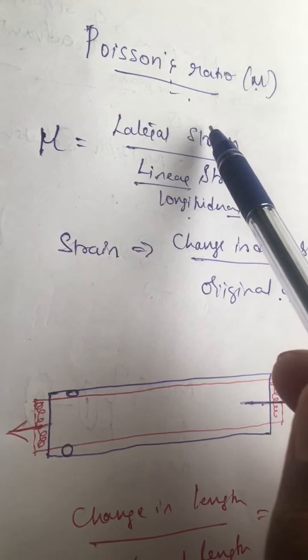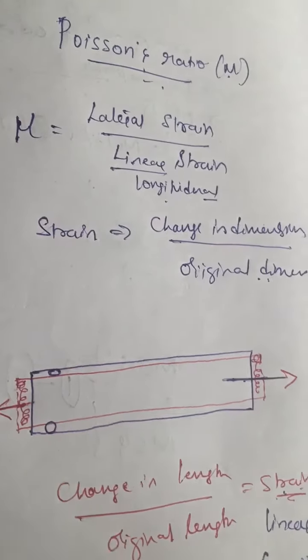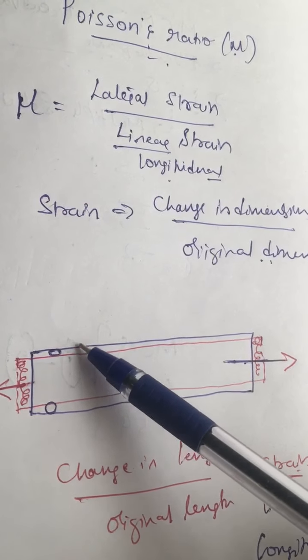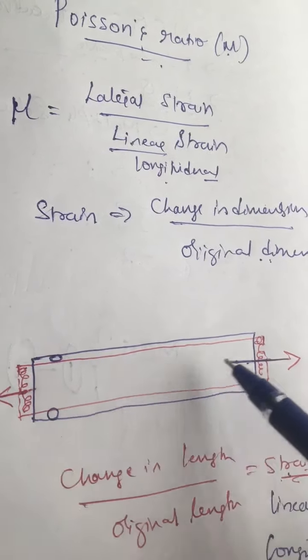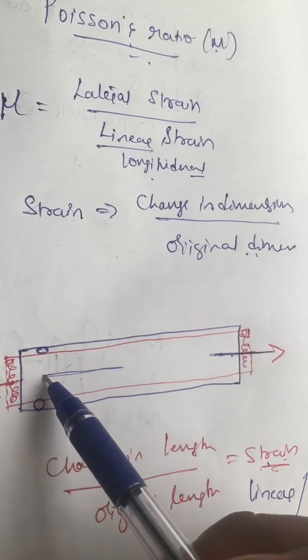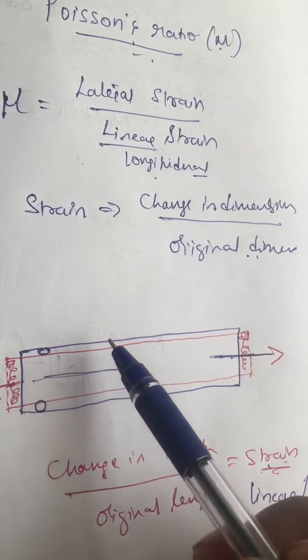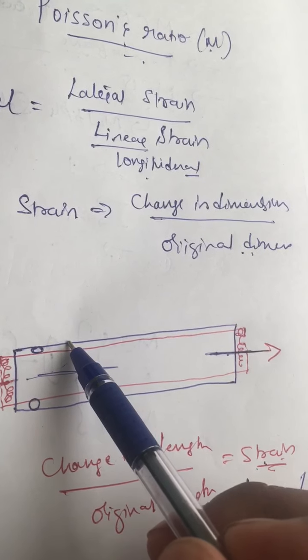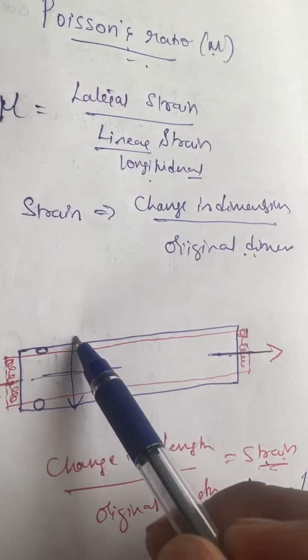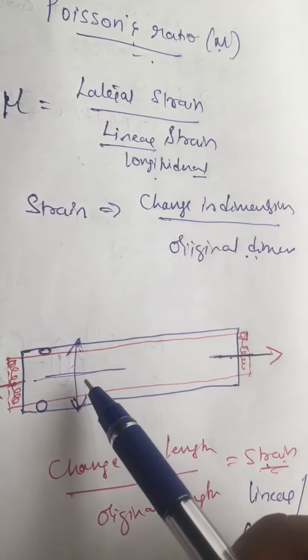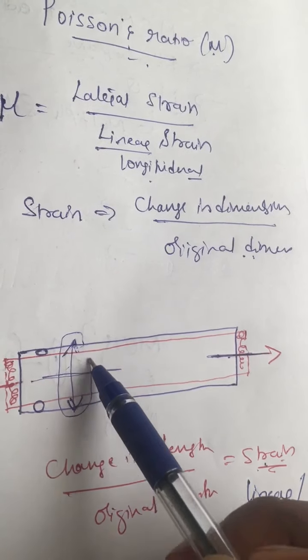What is the meaning of lateral strain? Lateral strain is nothing but strain in the direction perpendicular to applied load. See, the applied load is in this direction, but I want strain in the other direction, which is perpendicular. So if you want to know the value of strain in this direction, that strain is known as lateral strain.